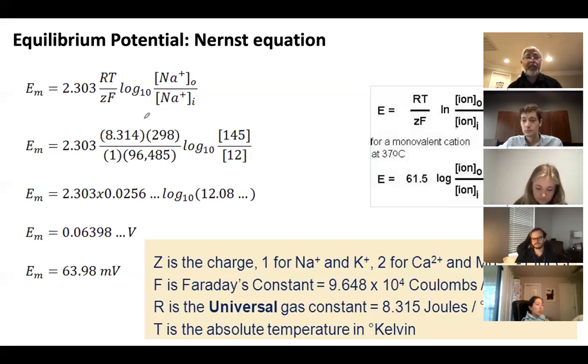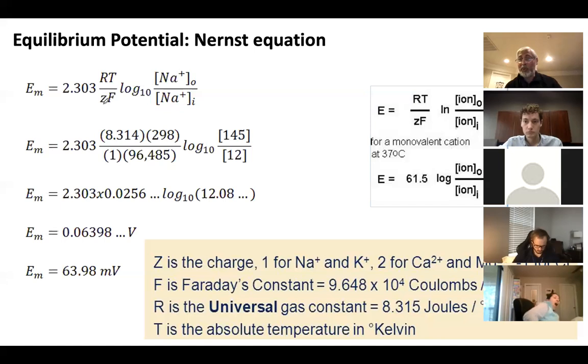So temperature here, they put 298, which means this experiment was done at a temperature of 25. 25 plus 273 becomes 298. This is not 298 degrees centigrade or Fahrenheit. It's in Kelvin, okay? So that is something important. R is the gas constant, T is the Kelvin temperature, Z is the valency. So for sodium, it will be 1. For potassium, it will be 1. For chloride is negative, so it will be -1, right?